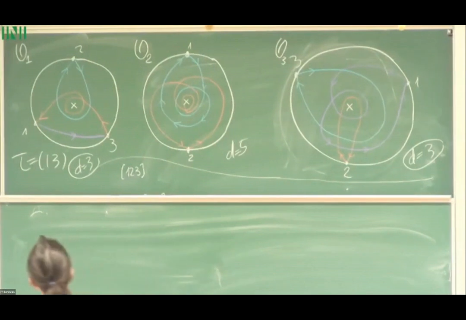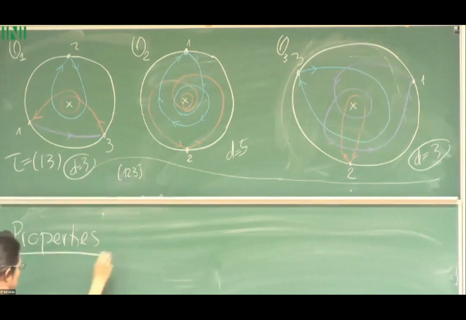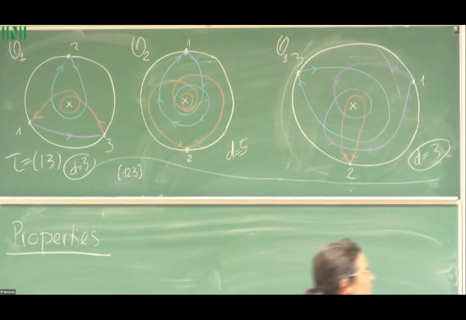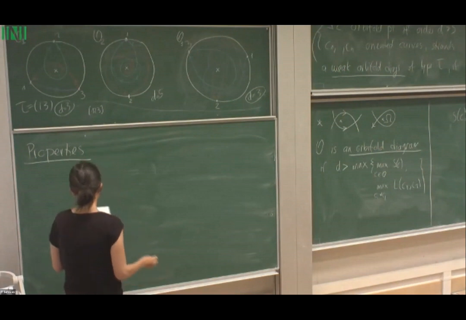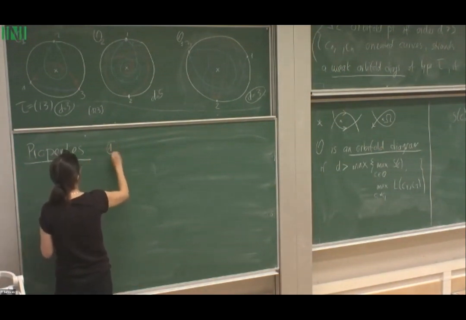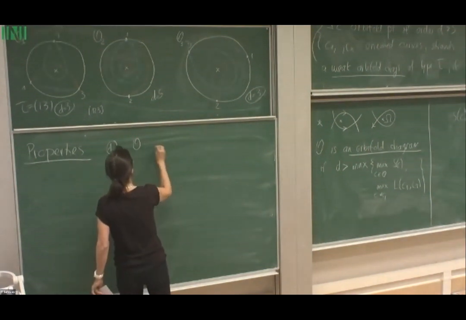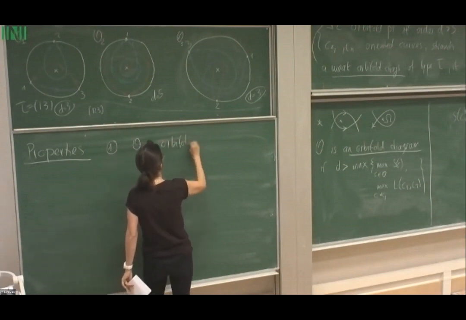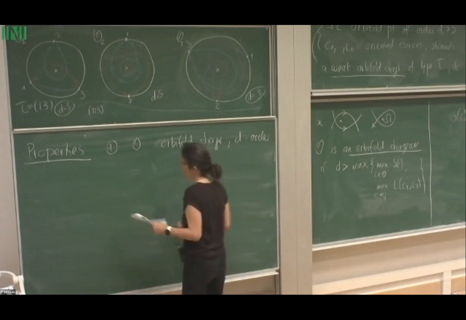Okay. Well, properties. So the first one I've already mentioned. If you take this definition of an orbifold diagram with tau and orbifold point of order D, then you can take the default cover, so the order of omega.